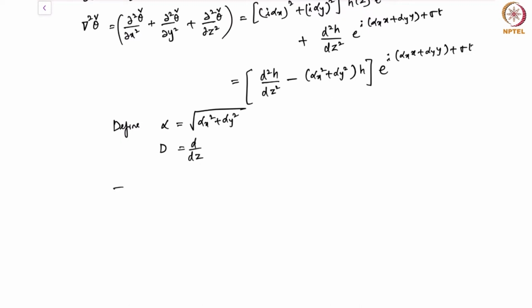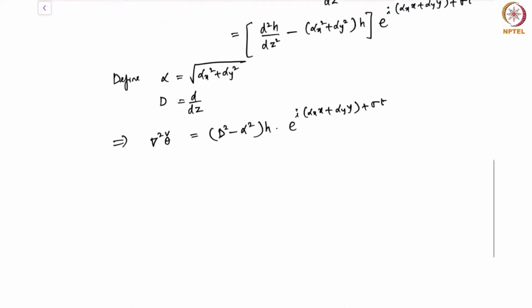So now with the shorthand notation, d square of theta hat simply becomes D square minus alpha square of h multiplied by e power i (alpha x x plus alpha y y) plus sigma t. This is my d square of theta hat.